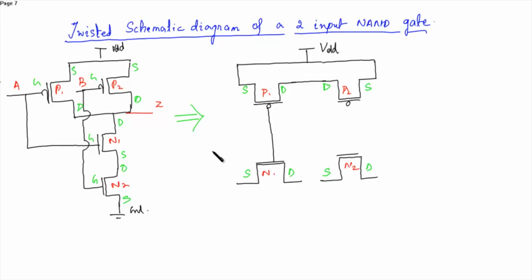or you can do one thing. Instead of connecting like that, it will be easier if we connect from here to here. Okay, let's say this is N2 and this is N1.